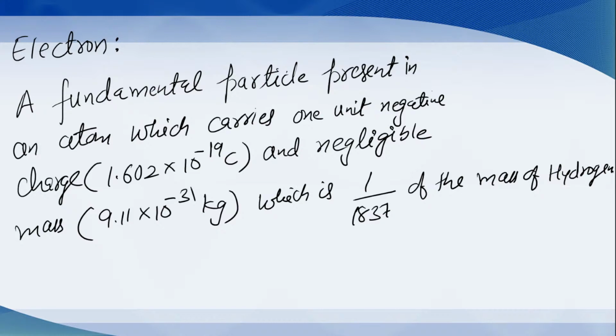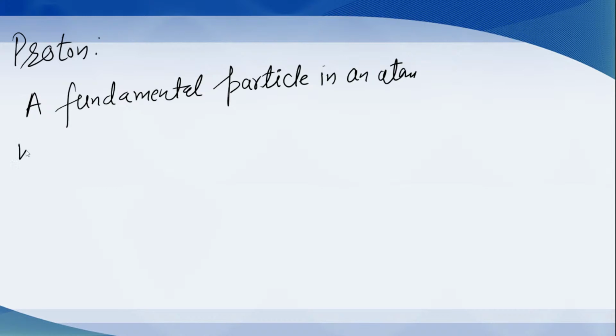Now proton. A proton is again a fundamental particle in an atom. Hydrogen has only one electron, so it can lose one electron only, and it has one proton, one neutron, one electron. When the electron is lost, we get H+, which means it has one proton.